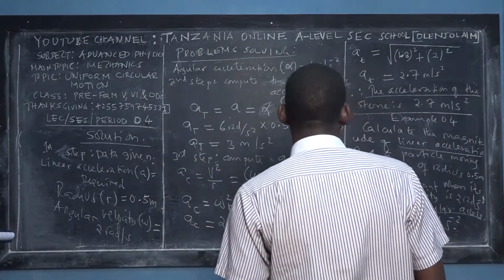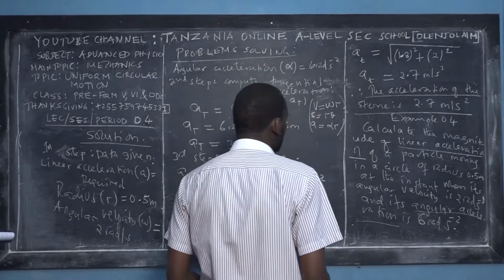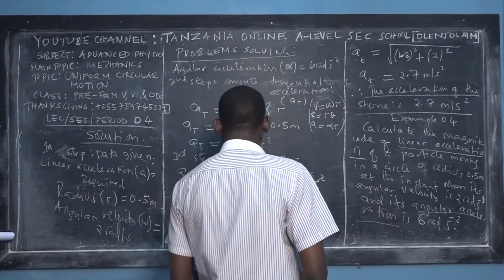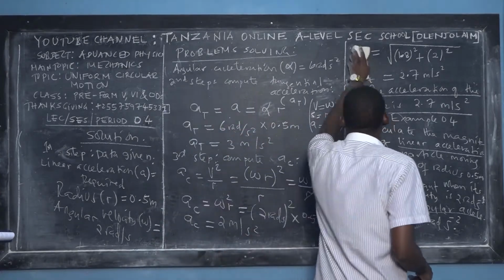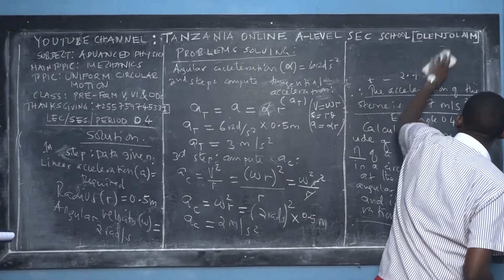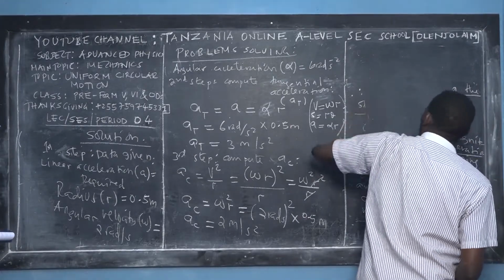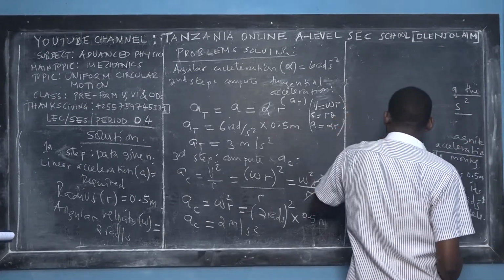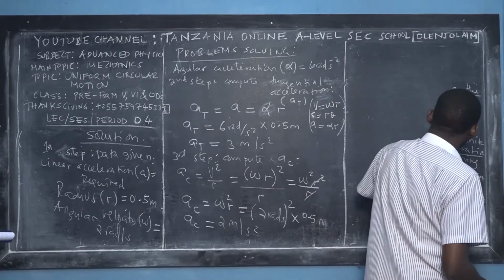After having centripetal acceleration, what does the question ask us? Find the linear acceleration. So you have to find the resultant or total acceleration of the body that moves along the uniform circular path.